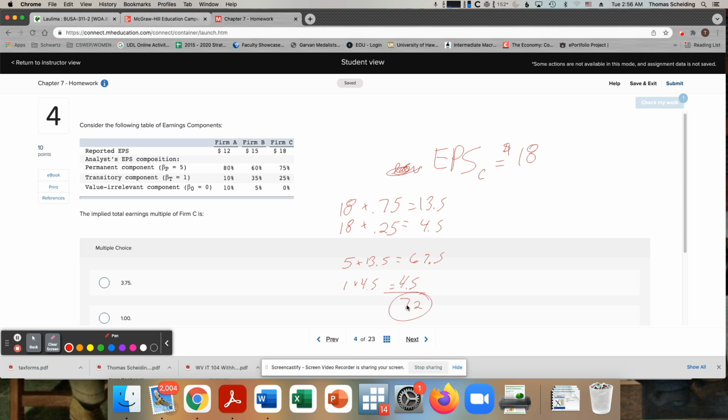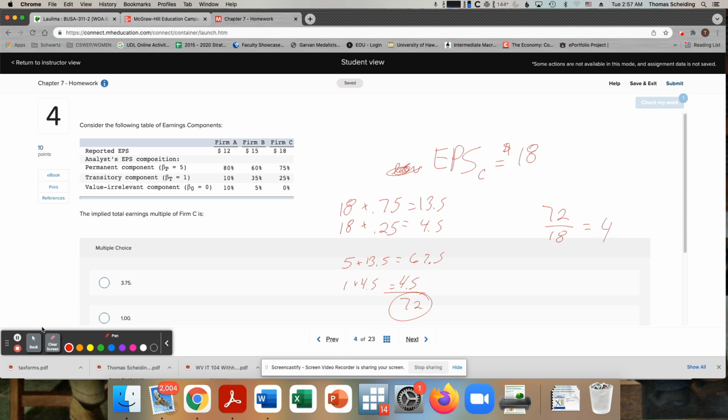And that gives us an implied share price of 72. So now we're going to divide 72 by 18 to get our implied earnings multiple. And the answer is 4.